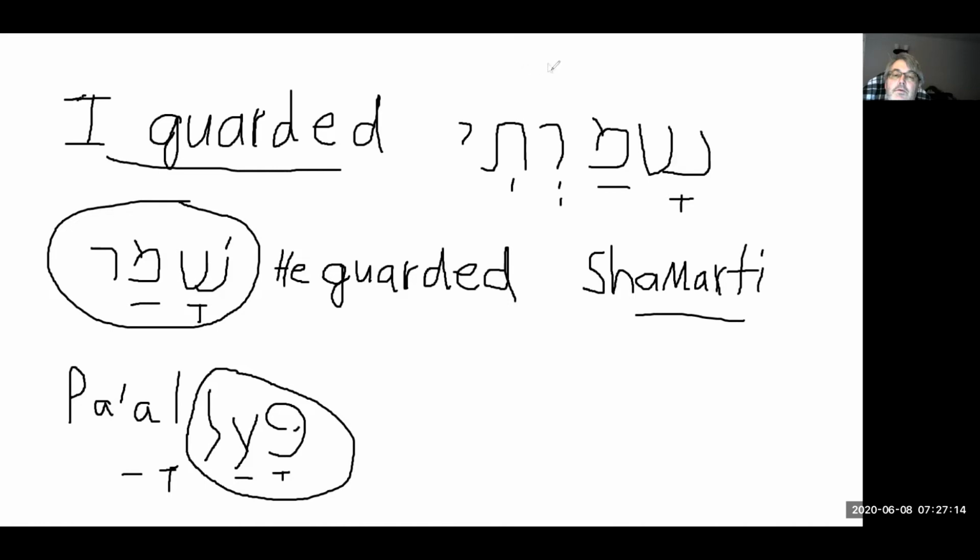So now let's move on to another verb. Do the same thing. If you take lamad, again, this is to study. This is the he studied, third person masculine singular. So he studied, right?